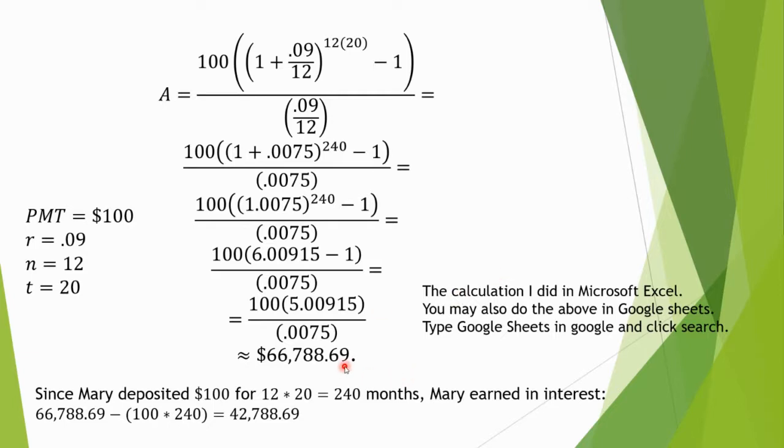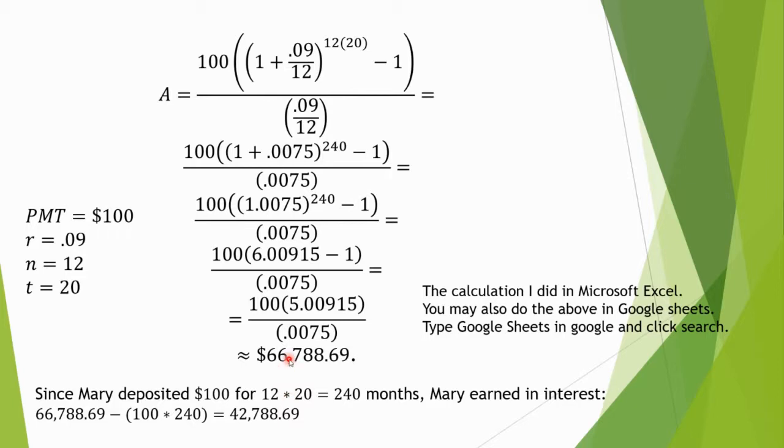Now, the amount that's going to be in there in the end is going to come from monthly deposits. But as we saw in the first example with the table, it's also going to come from interest.